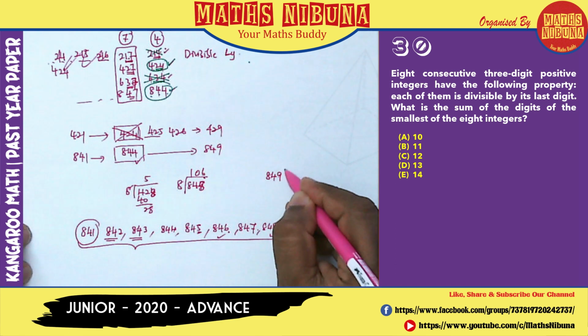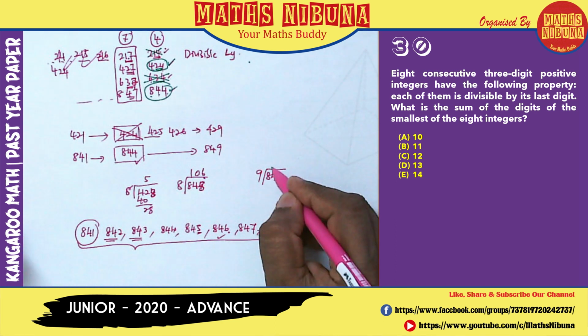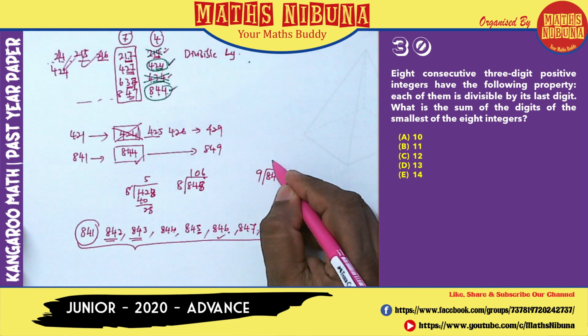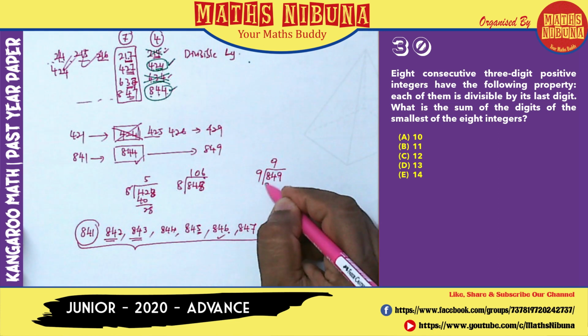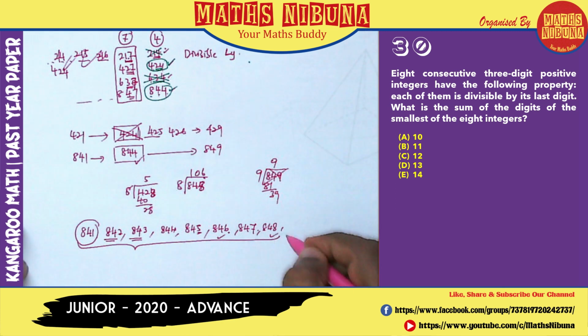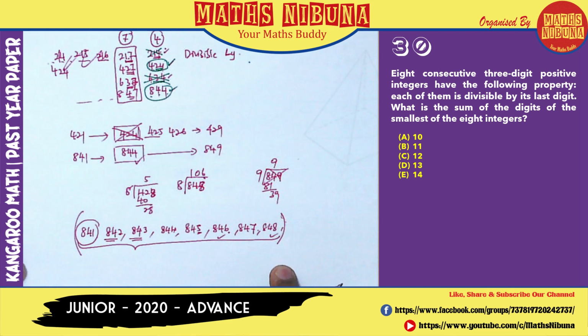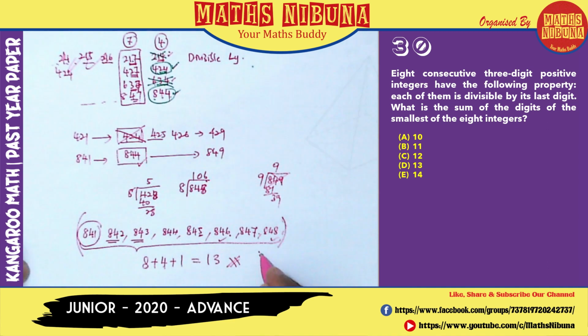Can 849 be divided by 9 or not? 9 times 81 is 729, so cannot be divided by 9. So we just consider this one because they only need the 8 numbers. Now our smallest number is 841. The sum of the digits of the smallest number is 8 plus 4 plus 1, which is 13. Answer is D.